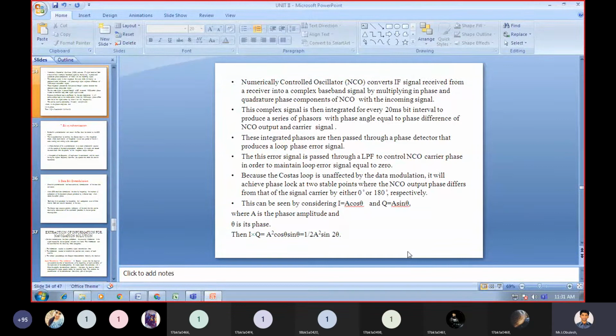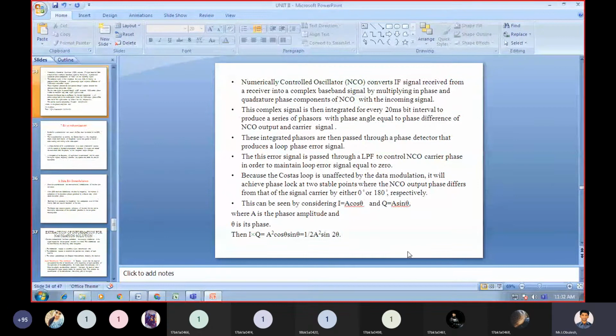A squared sin theta cos theta. You need to convert cos theta sin theta into only sin.